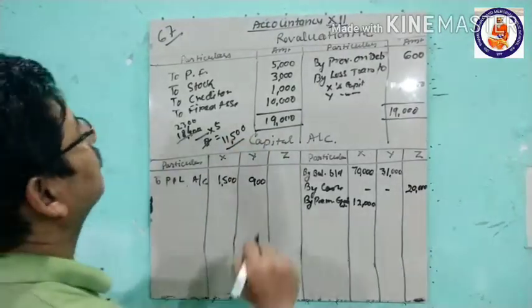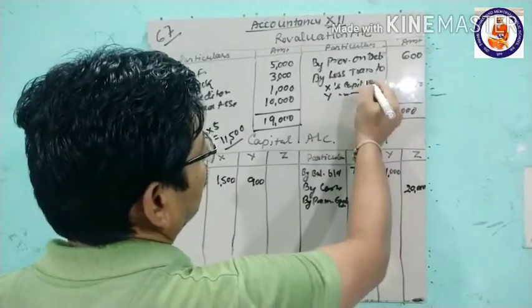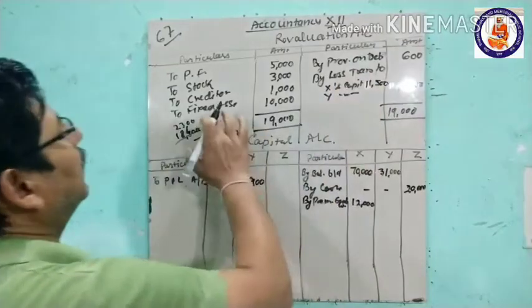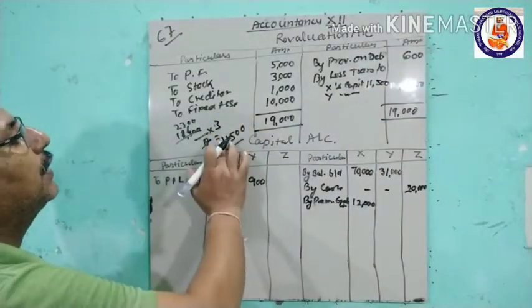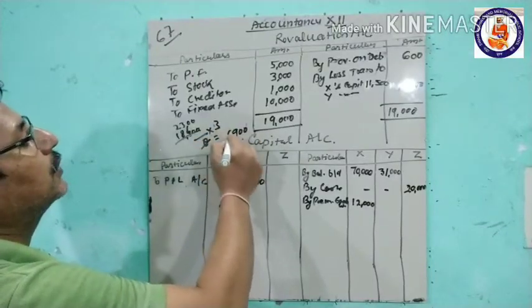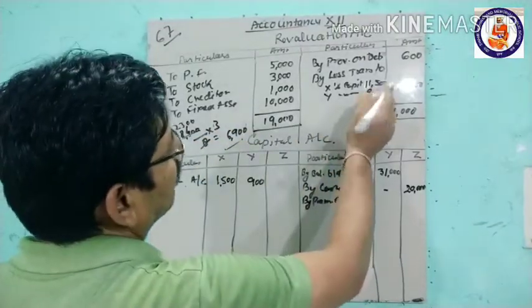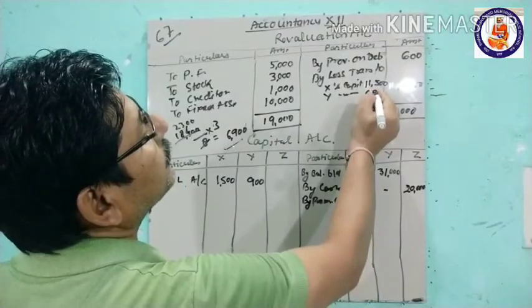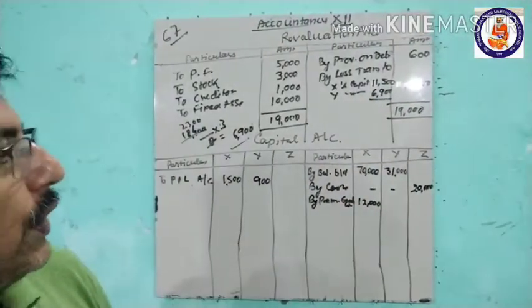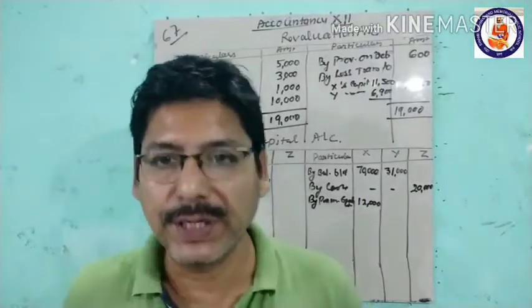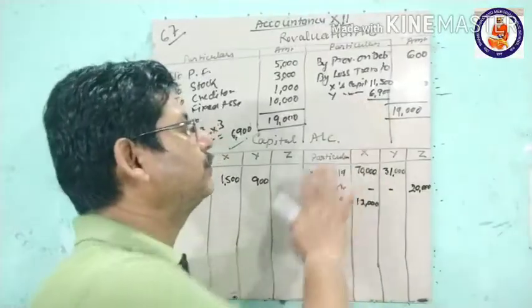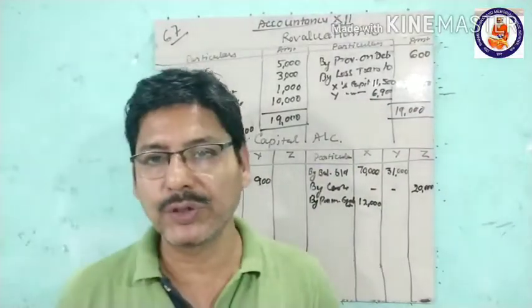So X will bear 11,500, and if we multiply it with 3, then it comes 6,900, which will be borne by this Y. So total is 18,400.